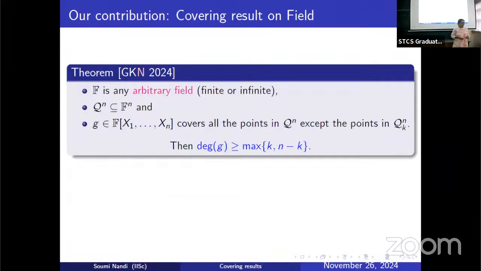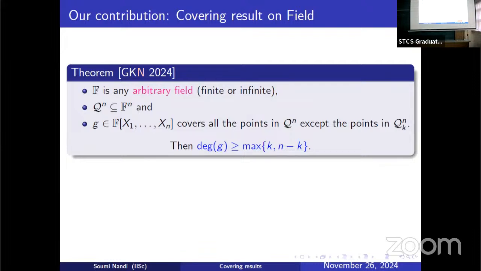And we have proved a more general result. Suppose F is any arbitrary field, finite or infinite, and 0,1 to the power n is embedded in F^n. And G is a polynomial whose coefficients come from that field F, and it vanishes at all the points except in the kth layer.